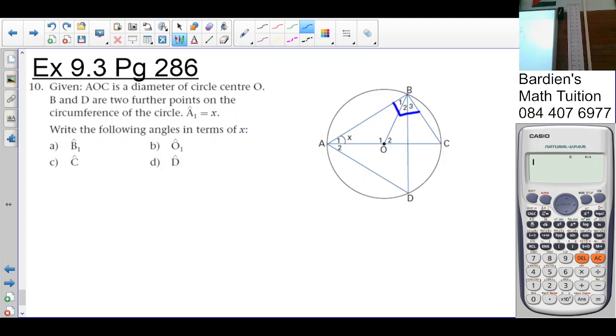That ABC, the whole angle ABC, is 90. Again, you can't just say angle B. So ABC is 90 degrees. B and D are two further points on the circumference of the circle. Angle A1 is x, as indicated there. Write the following angles in terms of x.